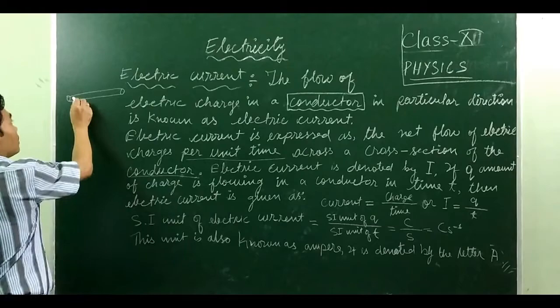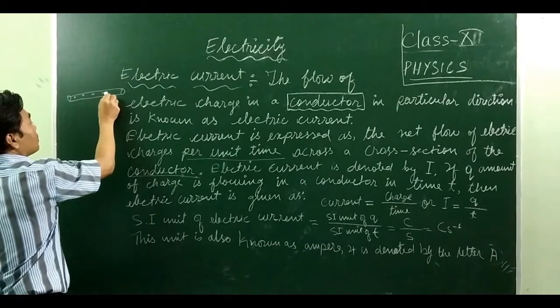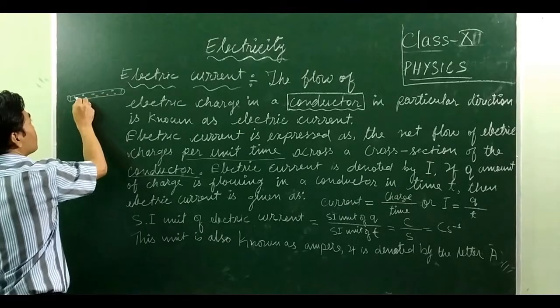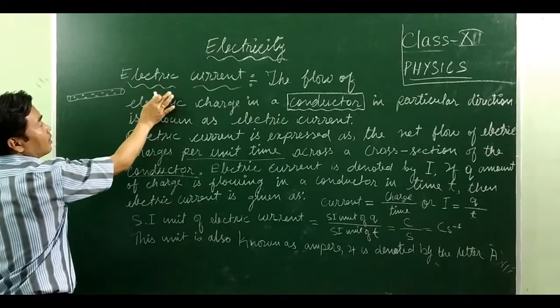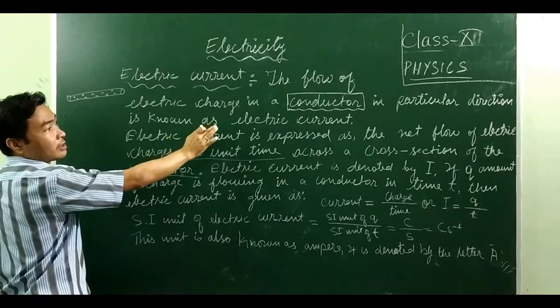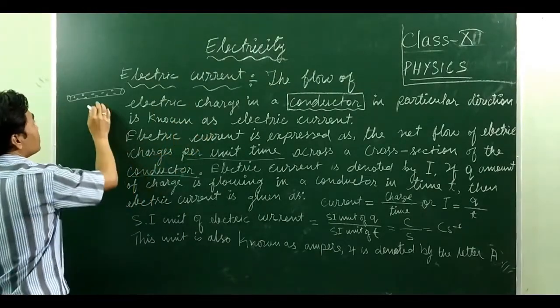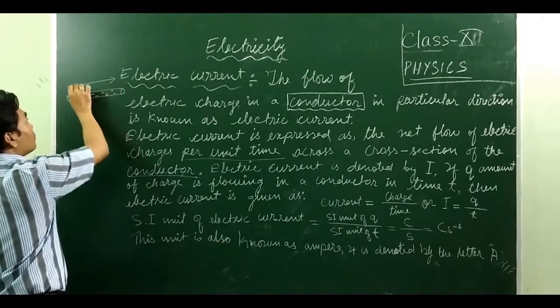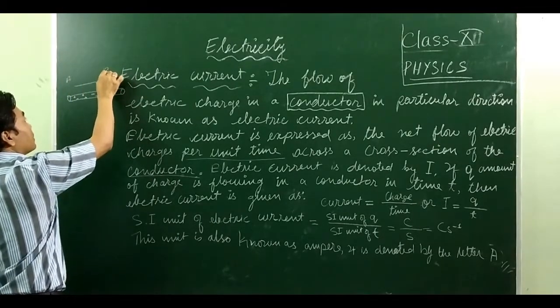In this wire, there are electrons, the electric charge. For the first definition, the flow of charge in a conductor in a particular direction means it will flow in one particular direction. Let's say it is flowing from A to B.